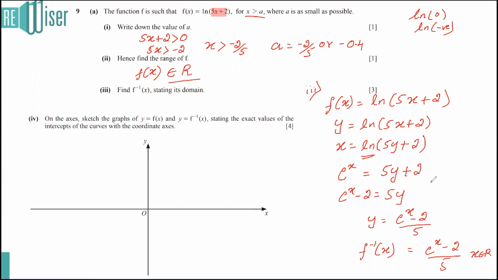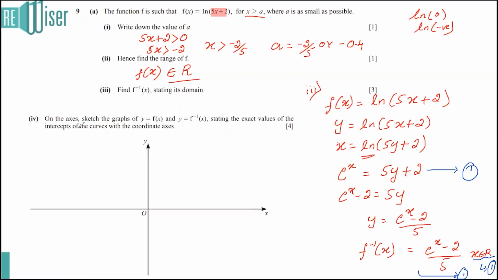Getting the inverse correct, getting ln to the other side and swapping the variable, up till this step, we get 1 mark. Getting the final answer correct, we get another mark. And mentioning the domain, this is important, we get another mark. So this is how the 3 marks are distributed.